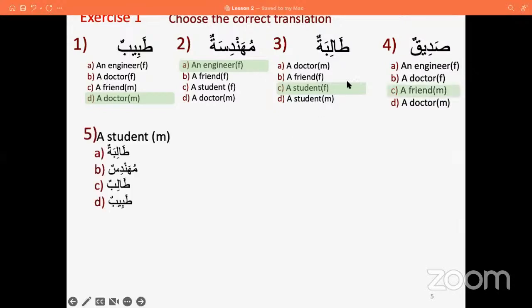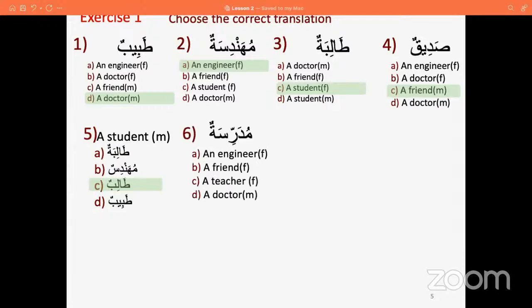Okay. How about the word male student? What would that be in Arabic? Yes, so that is perfect over there. It's a male student. C, talibun. How about mudarrisatun?